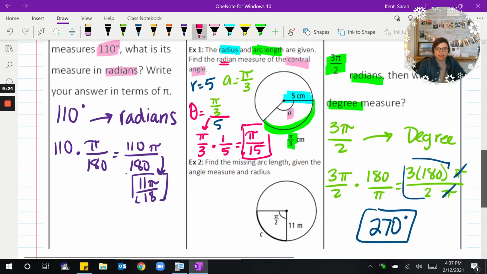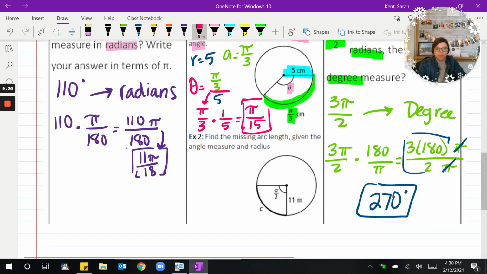And one more example. Here it says, find the missing arc length. That's not the color we use for arc length. Find the missing arc length given the angle measure and the radius. If we look, our radius is the line inside.